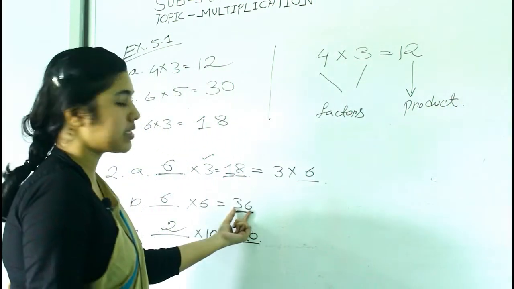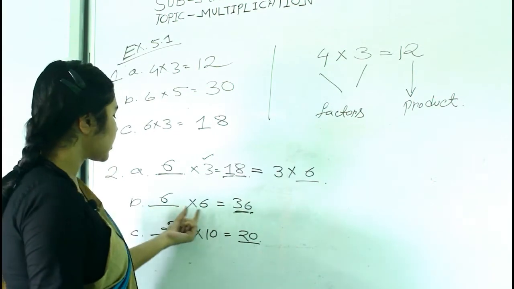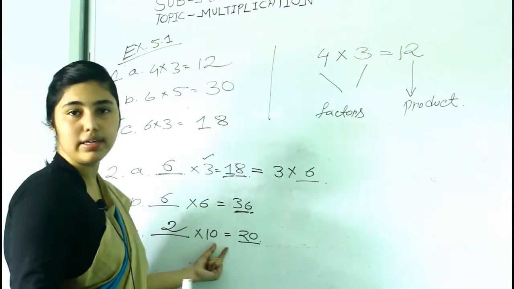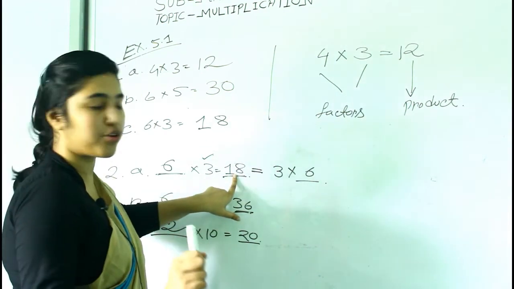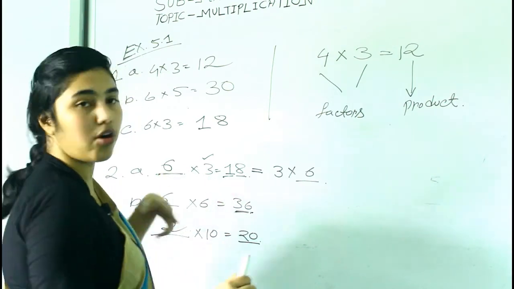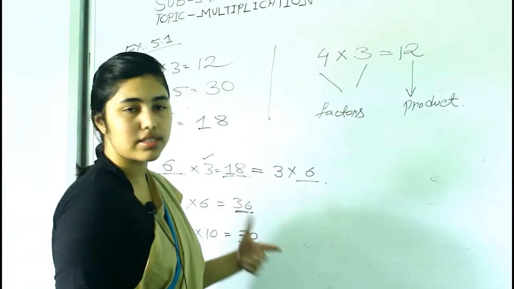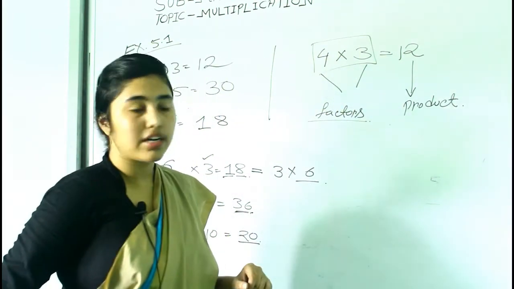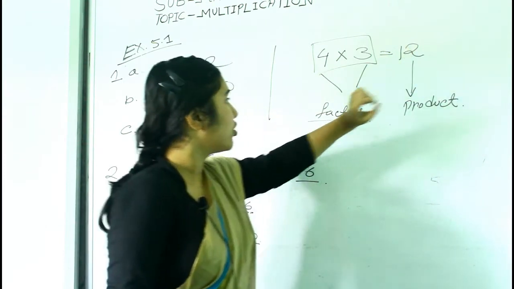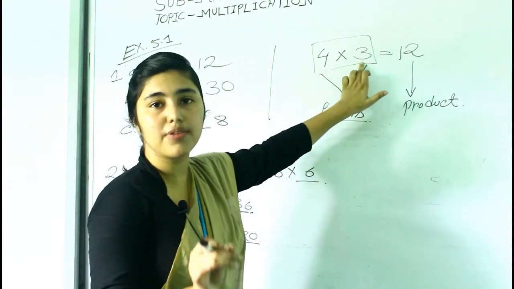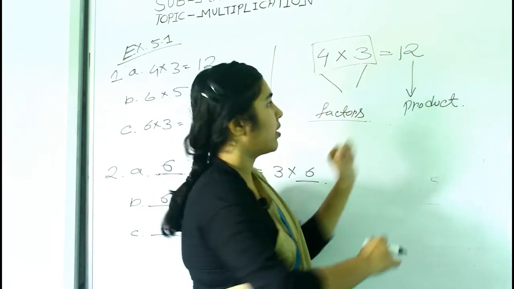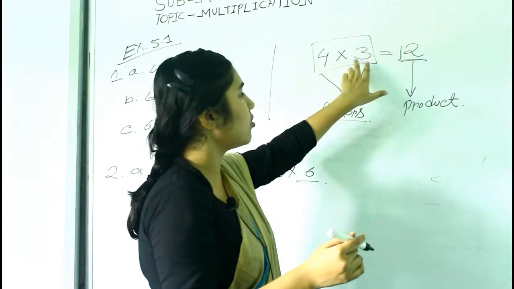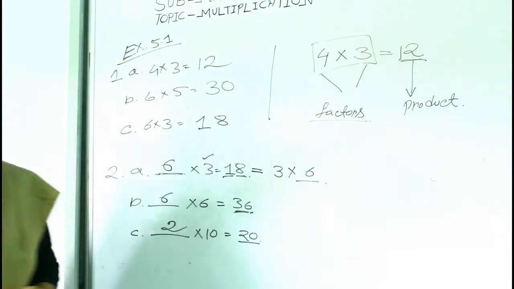So here 36 is the product of 6 and 6. 20 is the product of 2 and 10, and 18 is the product of 6 and 3, and also you can say 3 and 6. So these are known as factors of this number, which means 4 and 3 are the factors of this number 12, and 12 is the product of these two numbers. Is it clear?